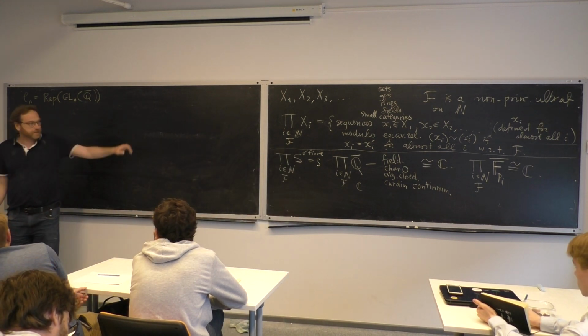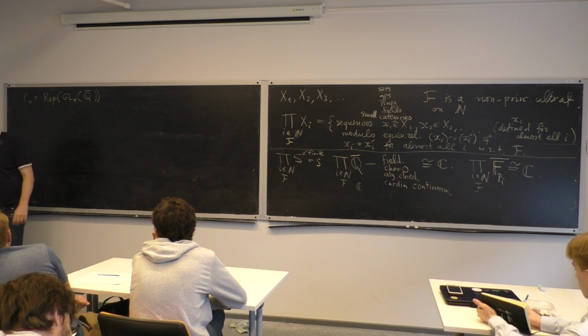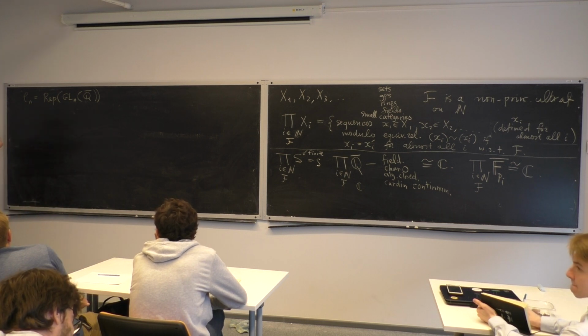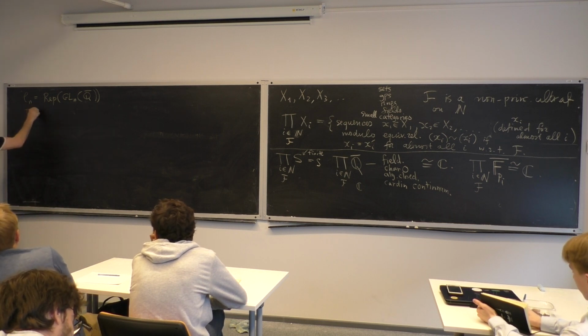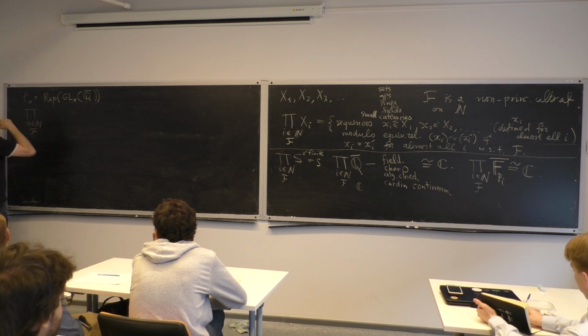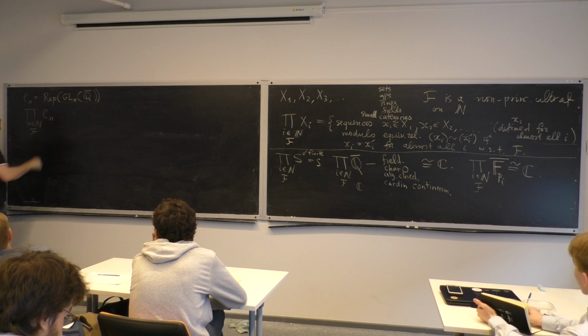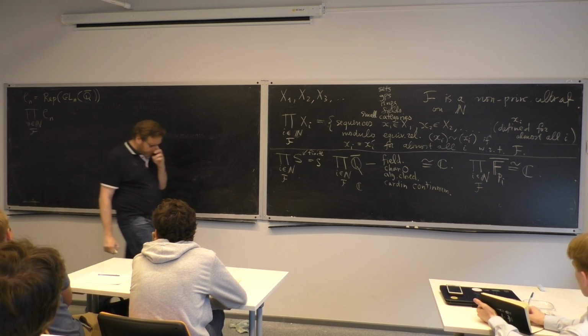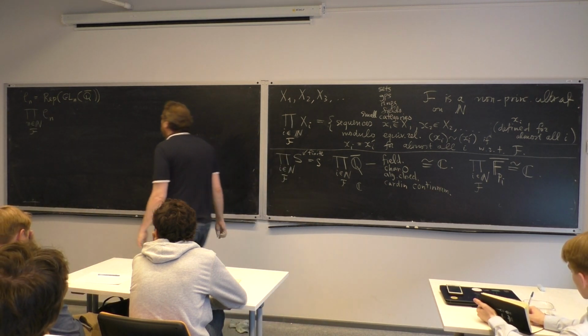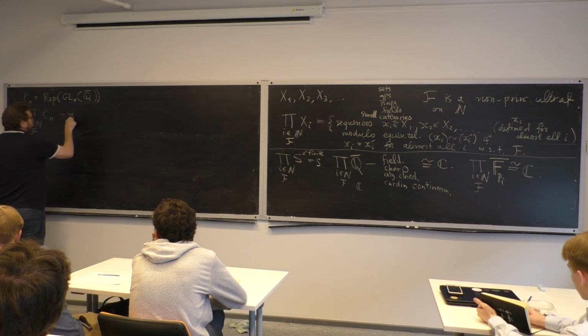But it will be a different C, a bigger C. Anyway, let's take these categories, and let's take the product over n in N with respect to the ultrafilter F of C_n.